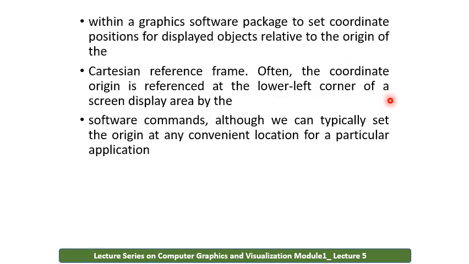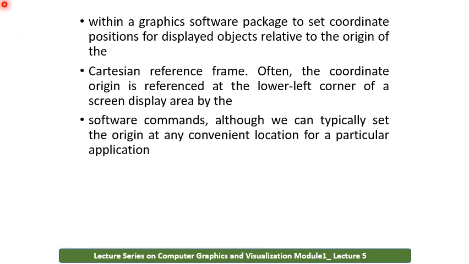Within a graphics software package, the coordinates and positions to be displayed are set up relative to the origin of the Cartesian reference frame, and the coordinate origin will be referenced as the lower left corner of the screen display area by the software commands. Although we can typically set the origin at any convenient location for a particular application.